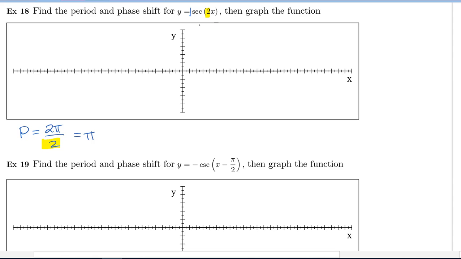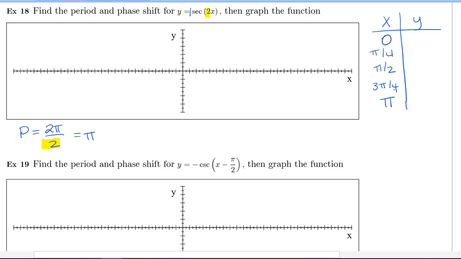So our period is pi, meaning that our starting point is going to be at 0. If we draw our table here with all of our values, we're going to start at 0 and end at pi, so halfway between would be pi over 2. Halfway between 0 and pi over 2 would be pi over 4. Halfway between pi over 2 and pi would be 3 pi over 4. And then you've got your quarters that you're looking at.